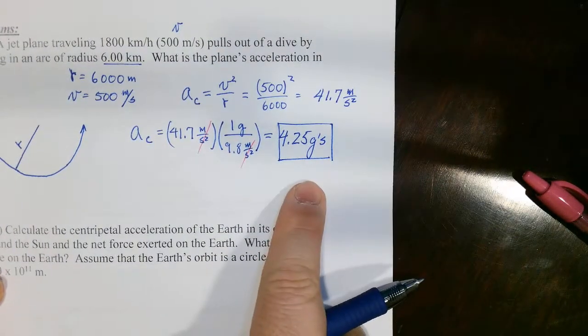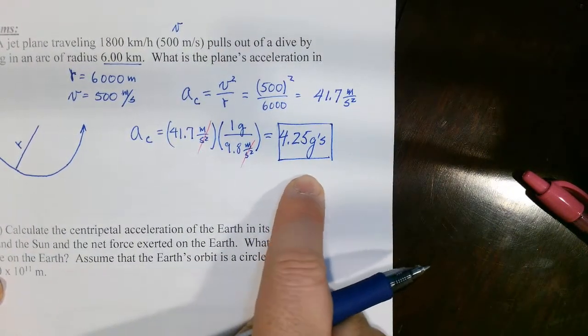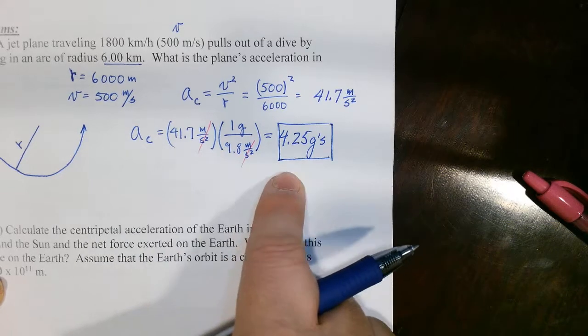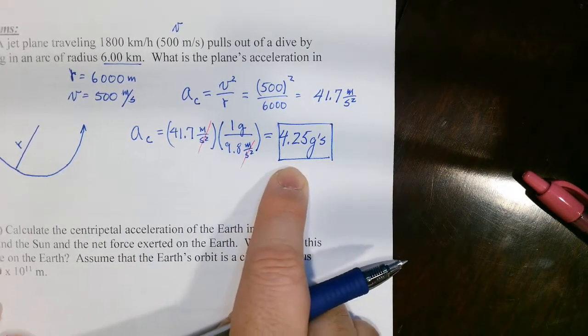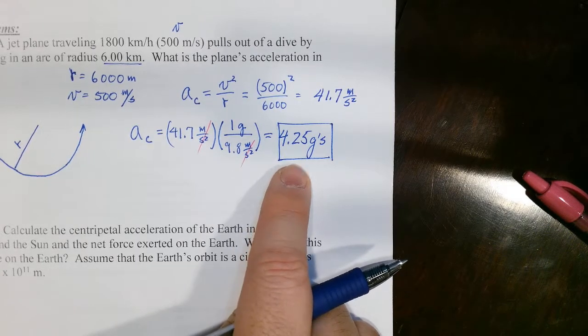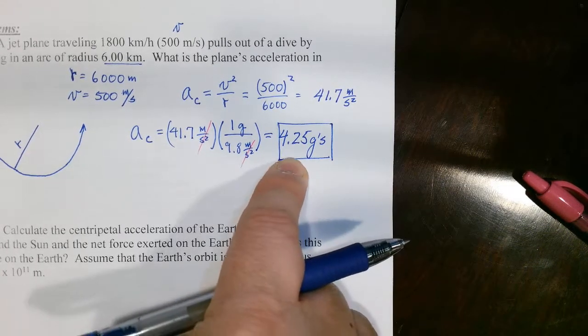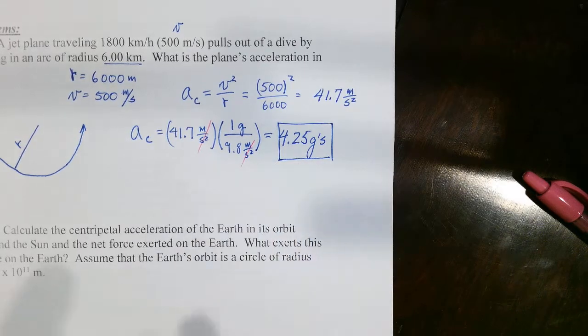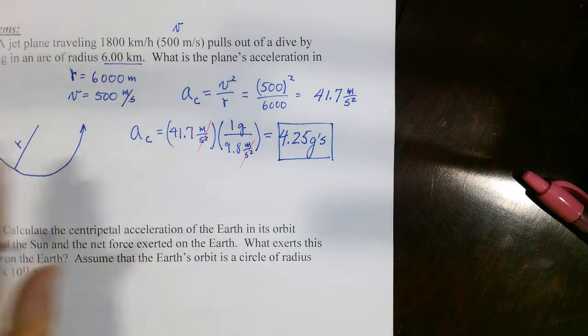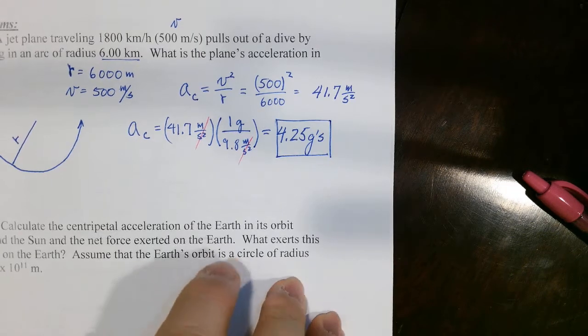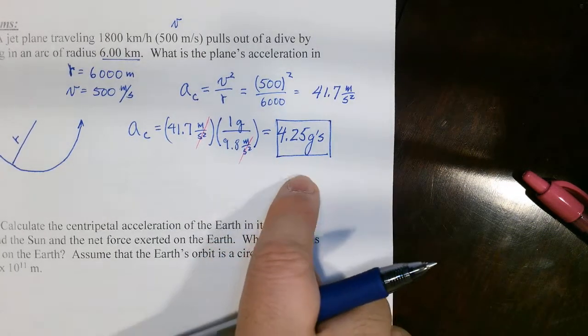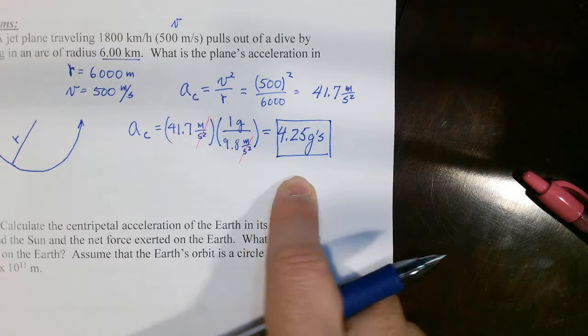So what is the significance of this? That 4.25 G's represents 4.25 times the weight of the pilot. So if you were the pilot, you would weigh 4.25 times heavier. That's why when you see those movies of fighter jets making bank turns, the pilots are breathing really hard, because imagine 4.25 of you laying on top of you.